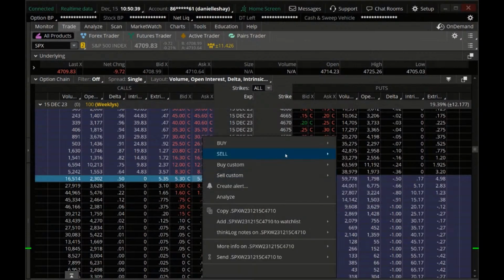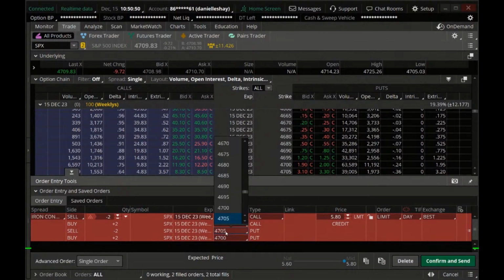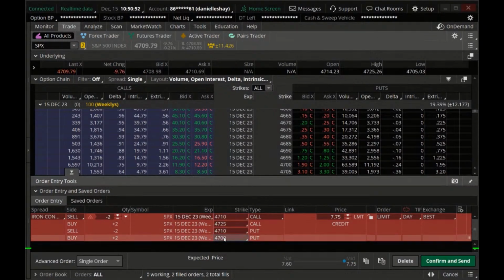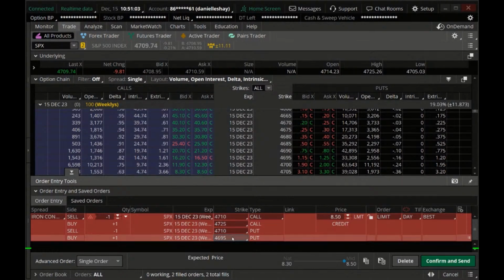So if I just looked at an SPX one for today, and if I said, okay, there's a $12 range, let's set it up just a little bit wider than $12. So let's make it $15 wide. And I'm getting an $8.45 credit.